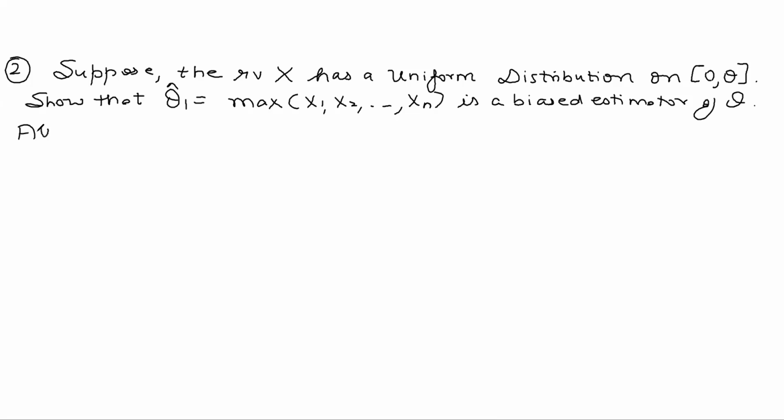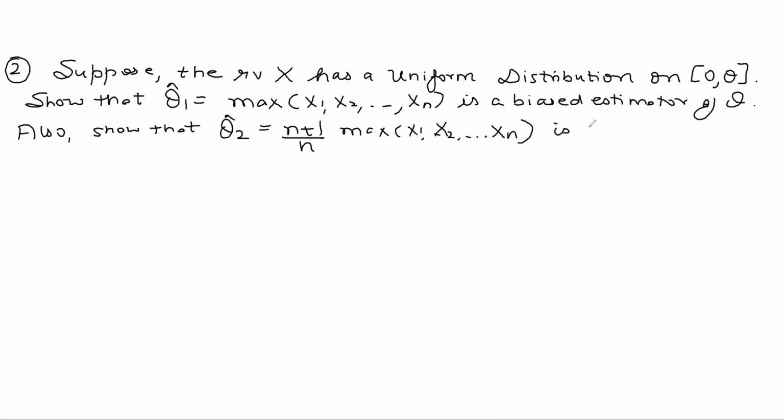Also show that theta 2 hat, which is n plus 1 by n times max of x1, x2, xn, is an unbiased estimator of theta. Okay, so let's work this out. I request students to read this question once again.